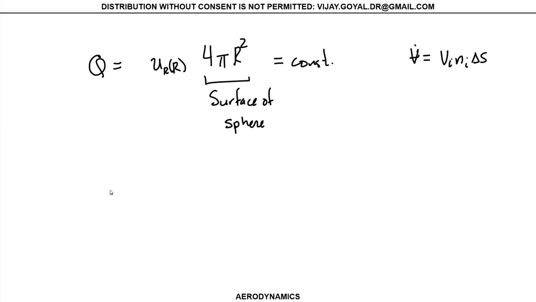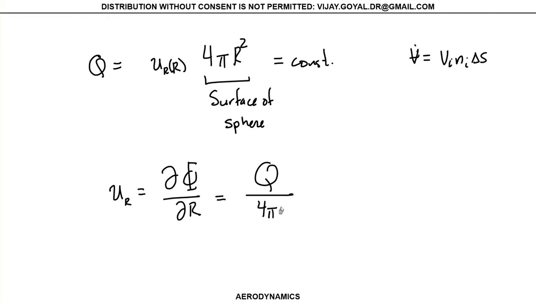If I go ahead and do this, I know my potential is going to go to partial phi over partial of the capital R, and this is defined as my Q divided by 4 pi R squared.